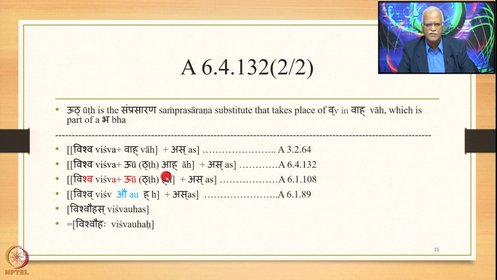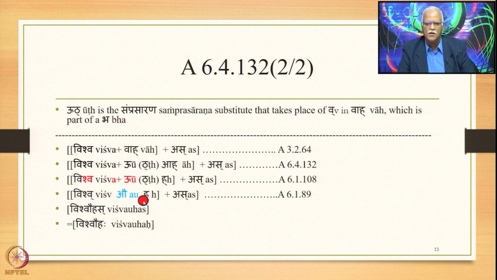Then this u and this a have the purva rupa sandhi taking place because of 6.1.108, and so you have Vishwa plus uha plus as. Now at this stage we have 6.1.89 ityadhatyutsu applying, and here you have a followed by oot, u, and in place of both of them you have the vriddhi substitute, namely au. So you have Vishwa au ha as, and you get the form Vishwauhah.